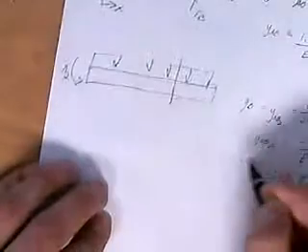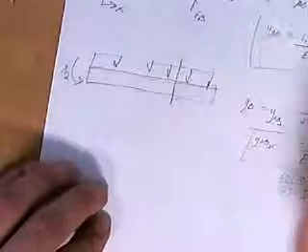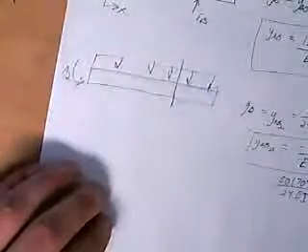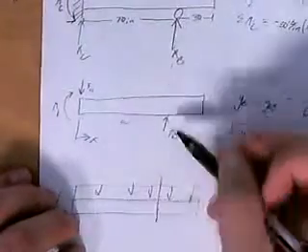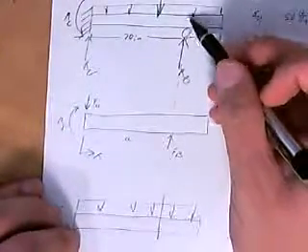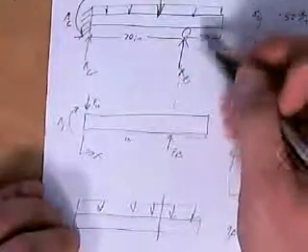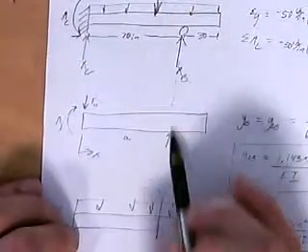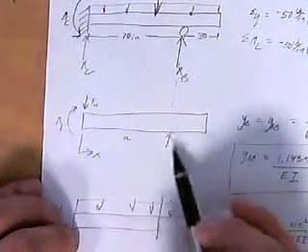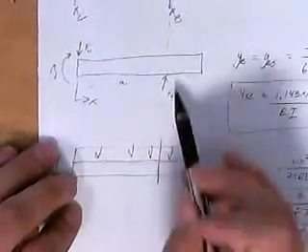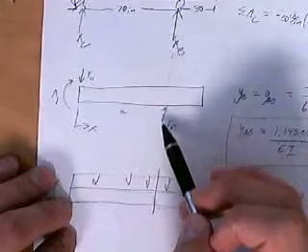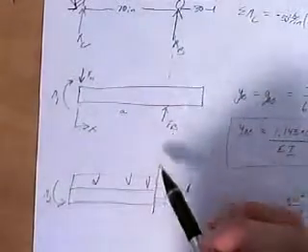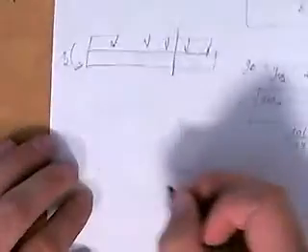Okay, so you've got this value and this value. Taking those, we need a compatibility equation. Like I said, we picked this spot because that's where the reaction is, and we know this bar doesn't displace right here. So we superimposed the forces on that spot to see how it would displace if that bar wasn't there, and how it would displace if the force from the bar was there and this force was gone.